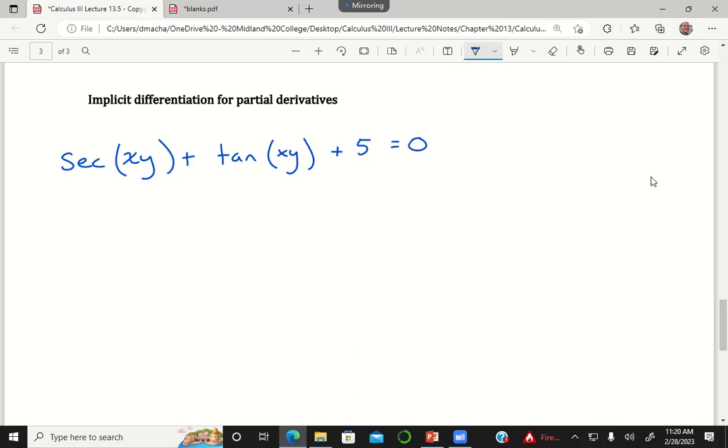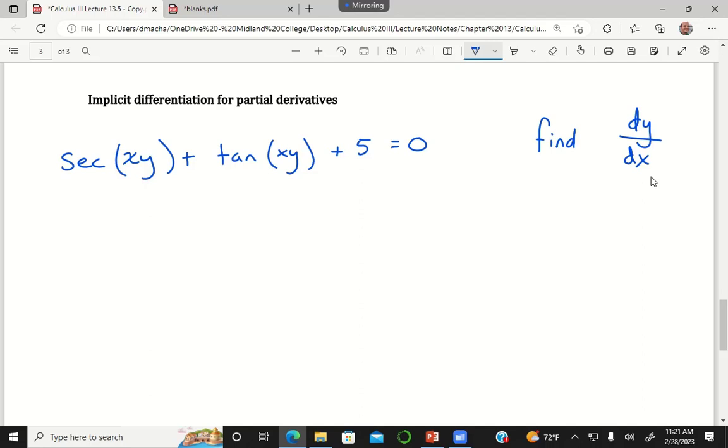And you probably worked a problem like this in Calculus 1. I mean, the one time I taught Calculus 1, I ended up teaching implicit differentiation with two variables like this. But what we're trying to do is find, from this relation, a formula for dy dx.